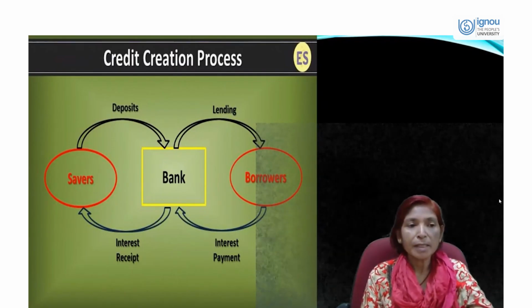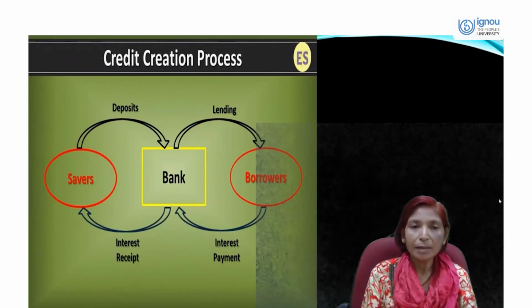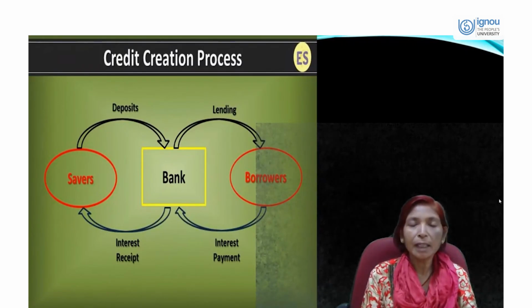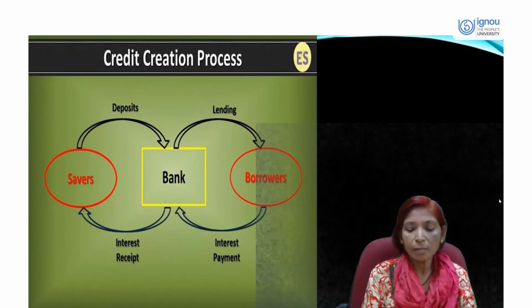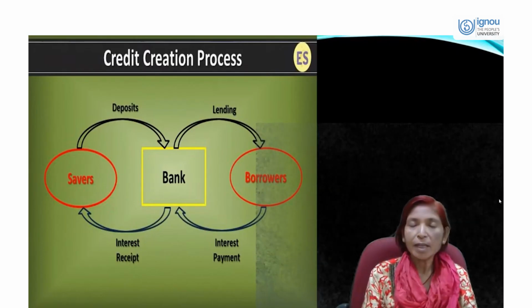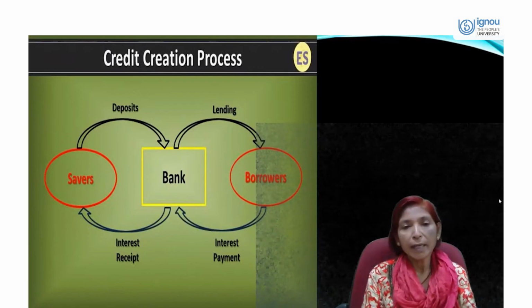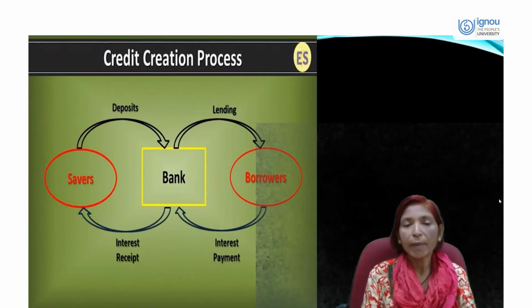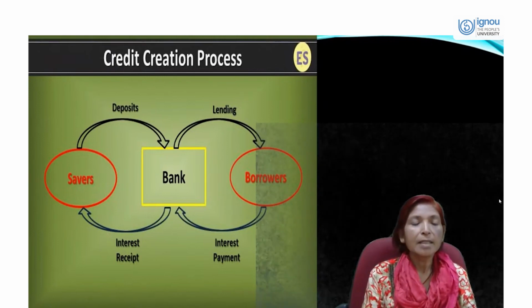Credit creation is mainly the process of commercial banks through which a commercial bank can create multiple money with the help of existing money. Savers always deposit their money in banks, and borrowers take borrowings from banks.